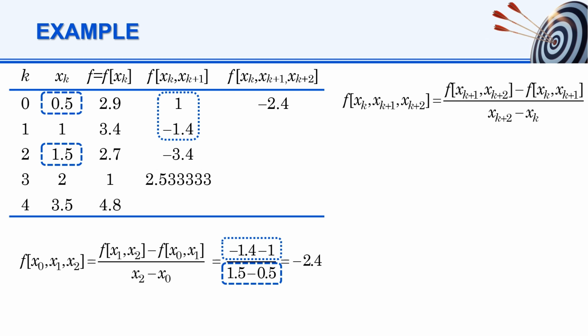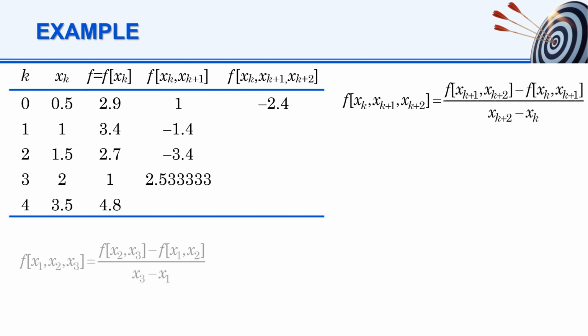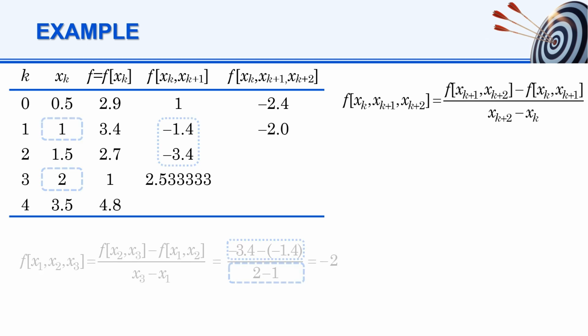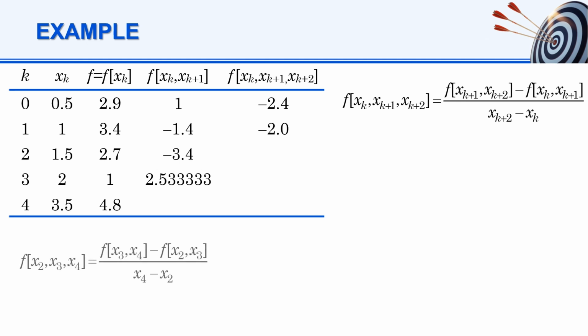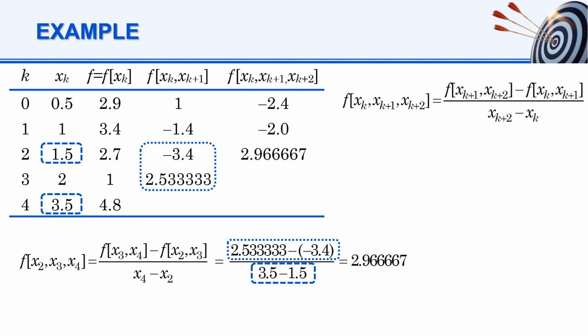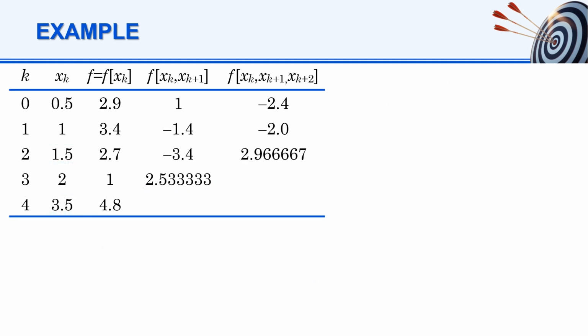The second element of the fifth column, f[x1, x2, x3], is obtained as shown. The third element of the fifth column, f[x2, x3, x4], is calculated as follows. And we finally reach the end of second-order differences.